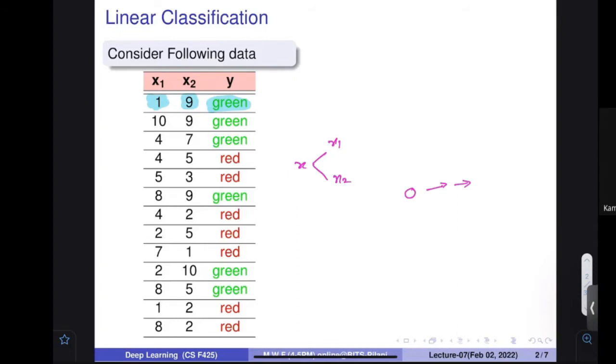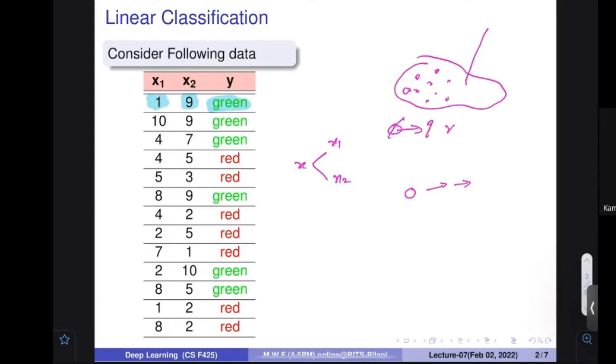Let's assume that you go to an island where nobody is there, and you find some fruits lying around, and you don't know whether you should eat them or not. But you have discovered that when you cut the fruit, inside it is either green or red. If it is red, you should not eat it, or when it is green, you should eat, or vice versa, anything could be possible.